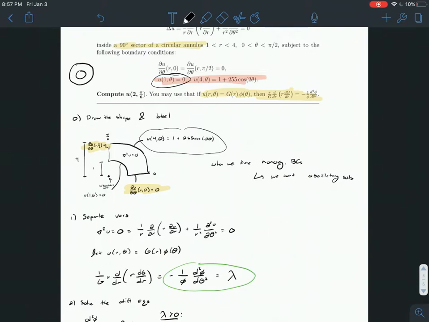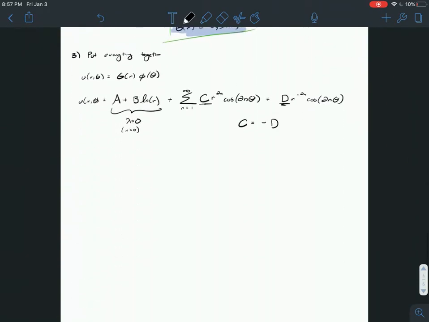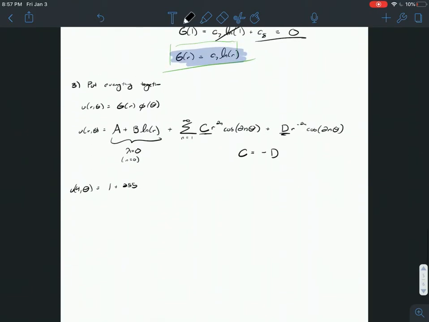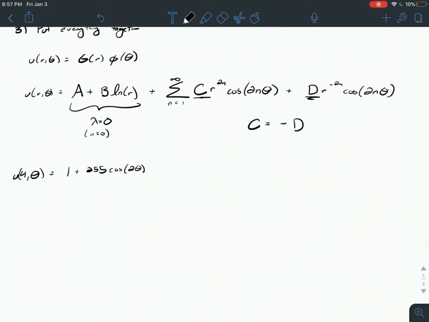So this specific one right here. So this is telling us that the outer radius, u of 4 theta, is equal to 1 plus 255 cosine 2 theta. Okay? So this initial condition must be equal to the right-hand side.